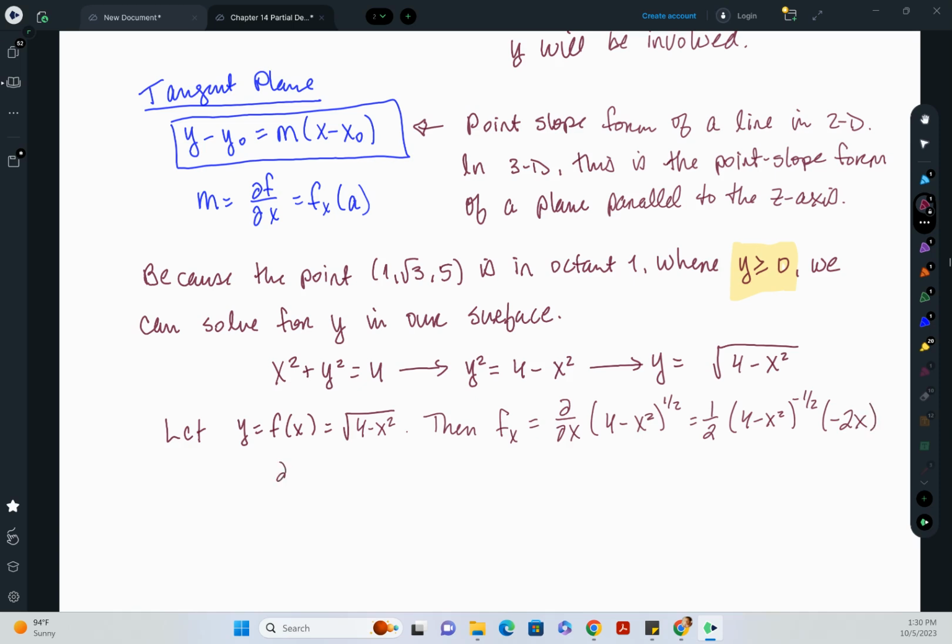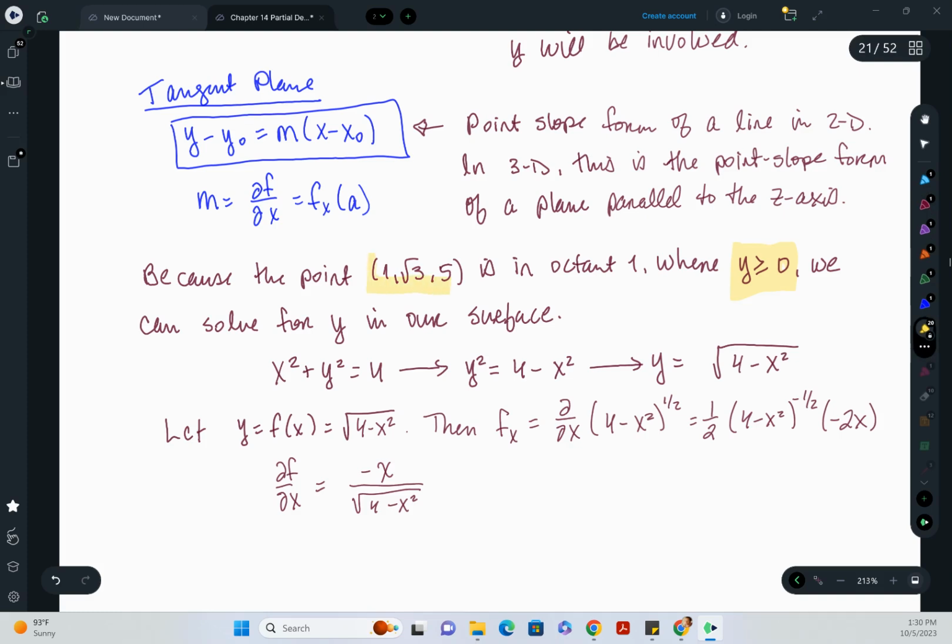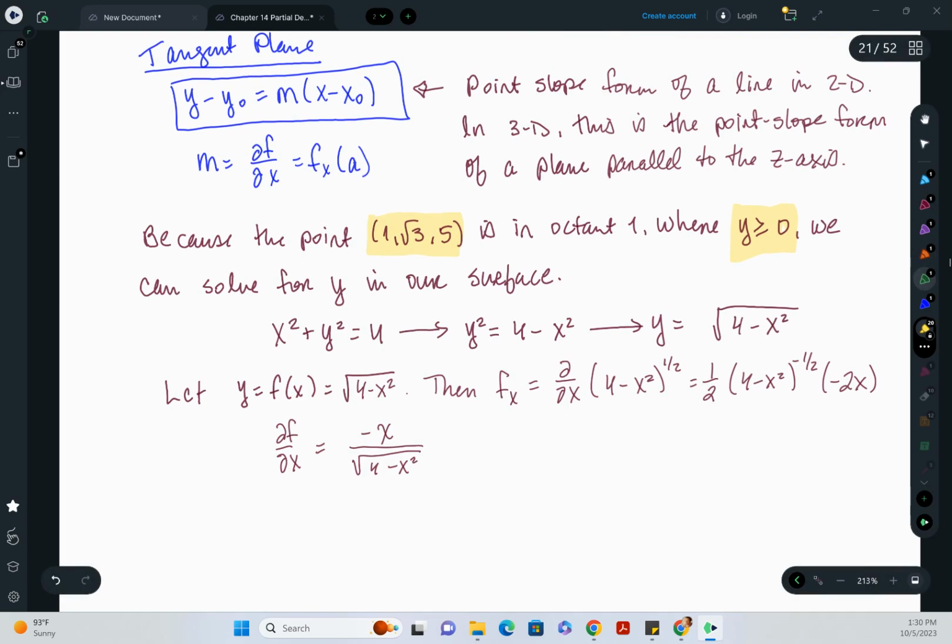All right, so del f del x is, when we simplify, negative x over the square root of 4 minus x squared. And now we need to get that evaluated at our point. Remember, our point is right here. We've got 1, square root 3, and 5. And it looks like we're only concerned about the value 1.